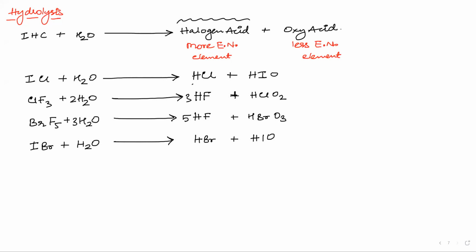So inter-halogen compounds was the third chemical property. The fourth one will be oxides. Okay. Mariam, Sania, Fatima, Ahmed is done.